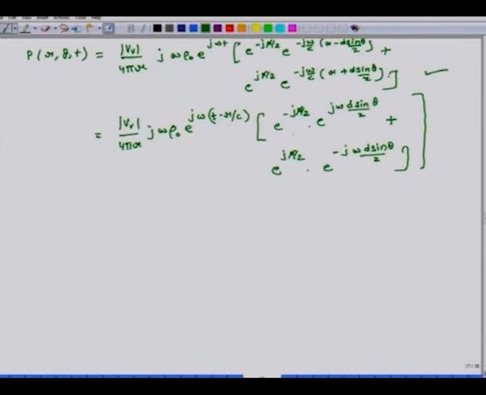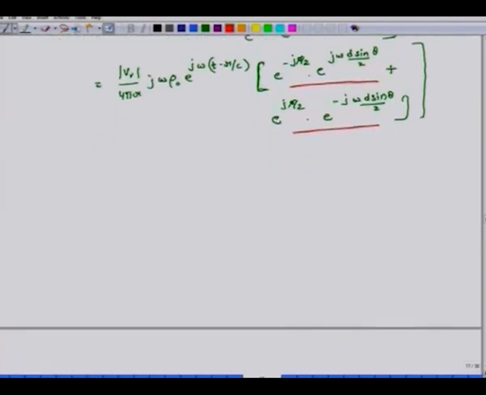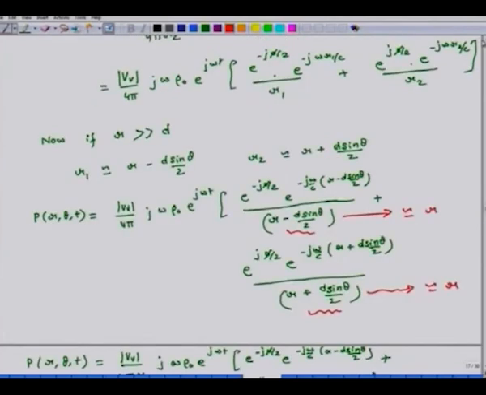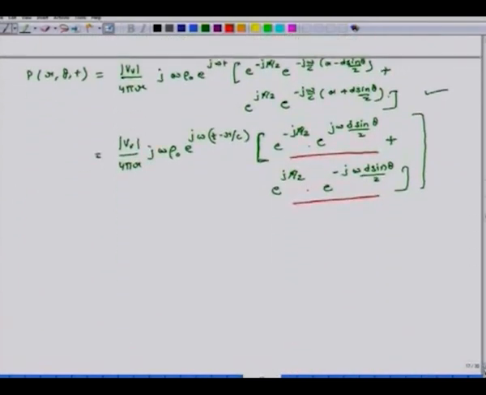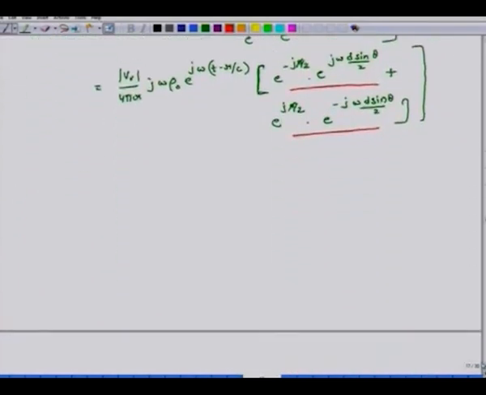Now, what I see in the parenthesis is that the first term is e^(minus j phi over 2) times e^(j omega d sin theta over 2 c), and the second term is just the inverse of it, e^(j phi over 2) times e^(minus j omega d sin theta over 2 c).